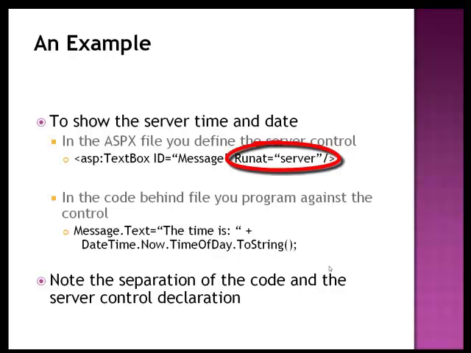And in your code behind file, which is your C# program, or it could be a Visual Basic program, you just simply use the programming language, in this case C#, to put the time and date of the server into this text box. So what you would do is call the object that you want to assign the text to, in this case message, and then put the text that you want in the text property of your message object.